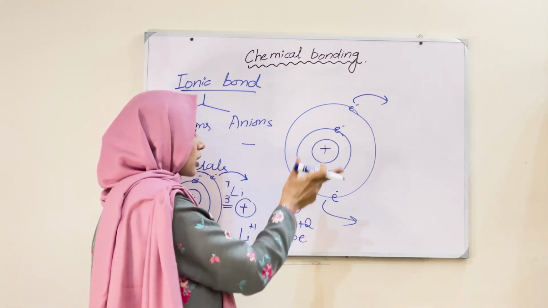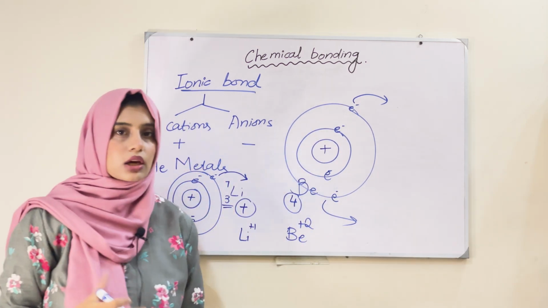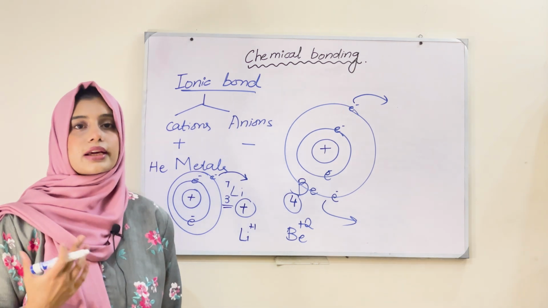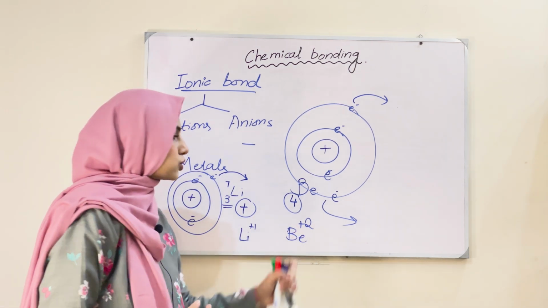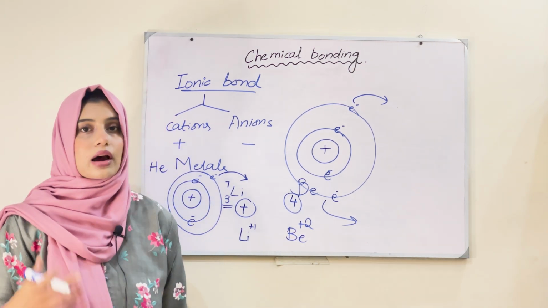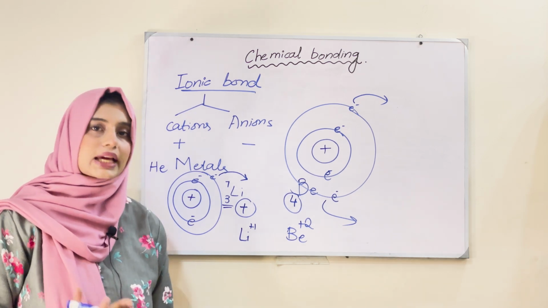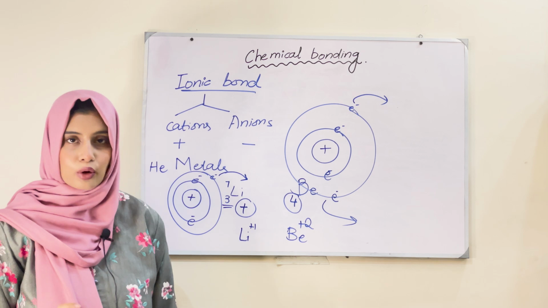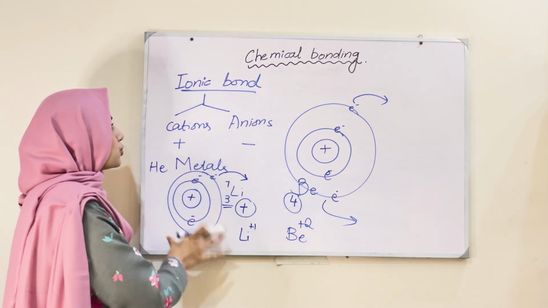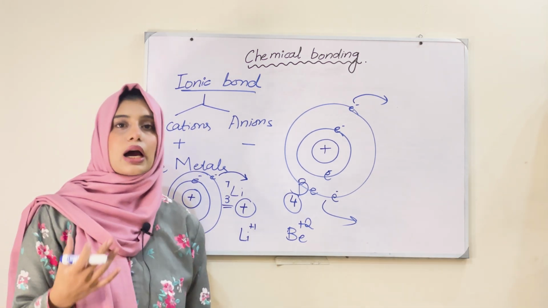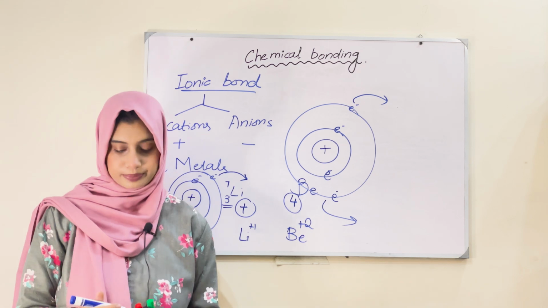After losing 2 electrons, 2 electrons remain, so 2 protons are more than the electrons, so it gets a plus 2 charge. This is how we describe the charge on any element after forming a cation or anion. I hope this is clear to you all, and you must know how cations are formed.